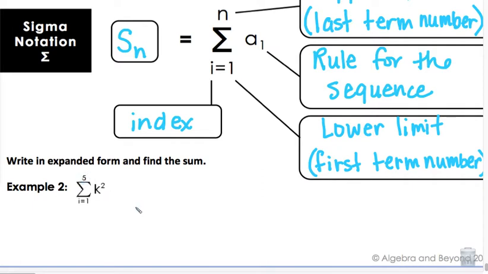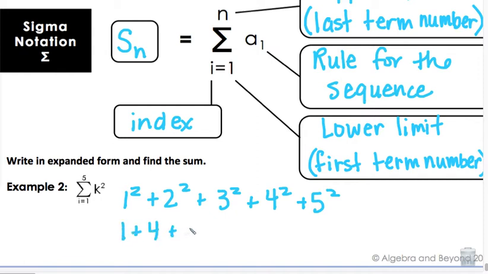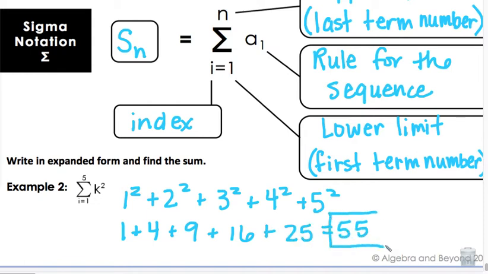So I have 1 squared plus 2 squared plus 3 squared plus 4 squared plus 5 squared. Adding these up, I would have 1 plus 4 plus 9 plus 16 plus 25, and that will give me a sum of 55, and that is my answer.